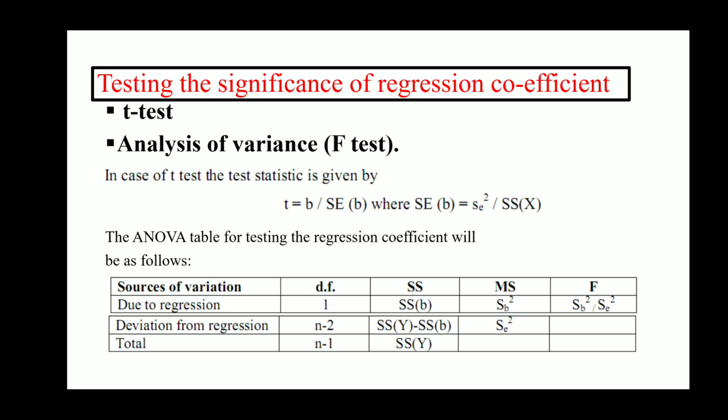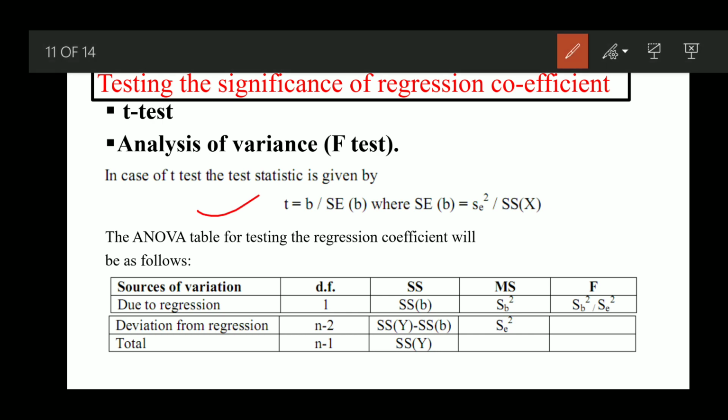Just for your information, I kept this slide here. So just remember that we have two important tests, t and ANOVA or F test, for testing the significance of the regression coefficient. These are the basic test statistics or ANOVA table for conducting such a test.